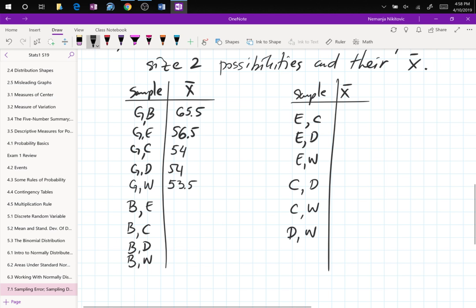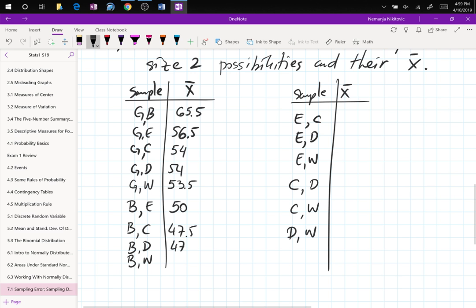Now BE, 59 and 41, that's 100 divided by 2 is exactly 50 for BE. BC, 59 plus 36, that's 95, right? So 47.5.